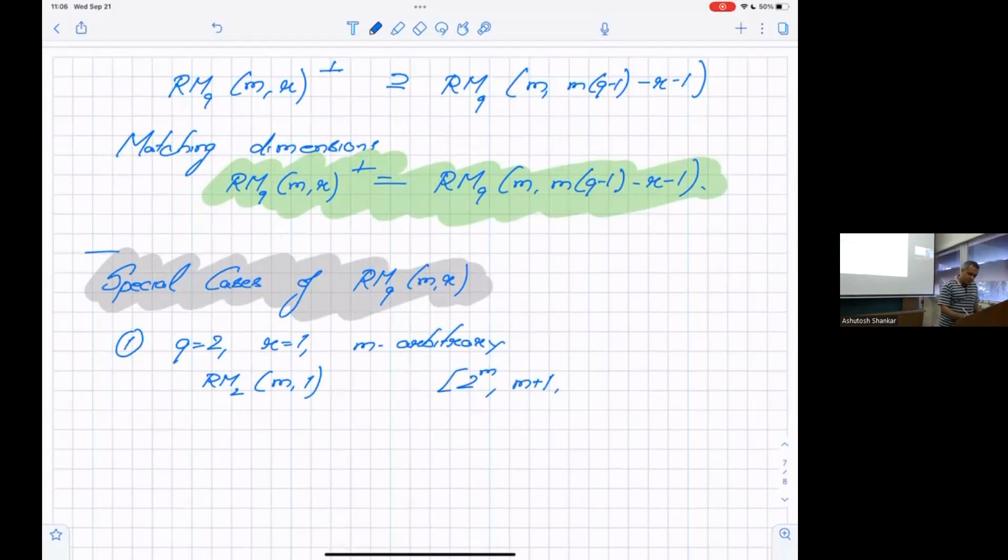So this is actually a [2^m, m+1, 2^(m-1)] code. This special case is what is more popularly called the Hadamard code.